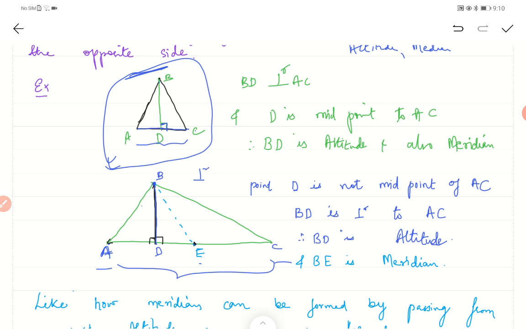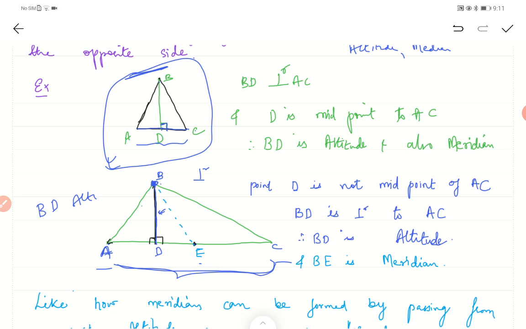So it is not cutting at the midpoint, it is perpendicular. This line coming from the vertex B is perpendicular to the opposite side AC, so now this BD is called an altitude. This can't be a median now.